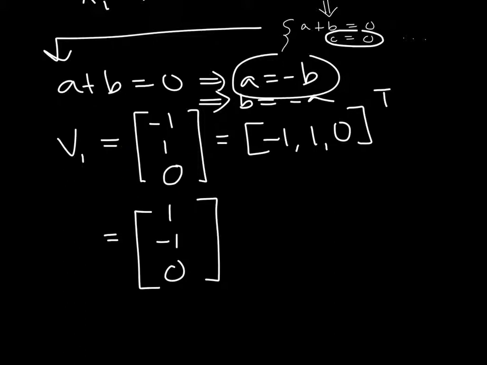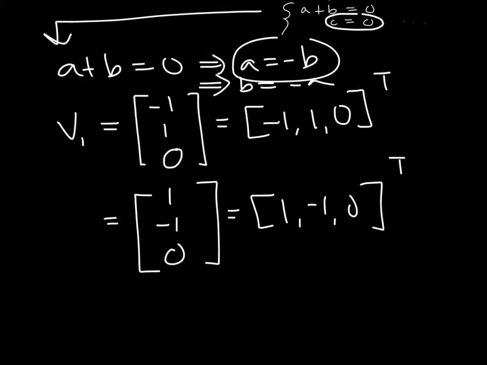The only difference is there's a scalar difference of a negative 1 factor. So if I multiply this by negative 1, I get this vector. Well, it's not a new vector, it's really the same vector. So again, it's really up to you, 1, negative 1, 0, which value you wanted to choose.